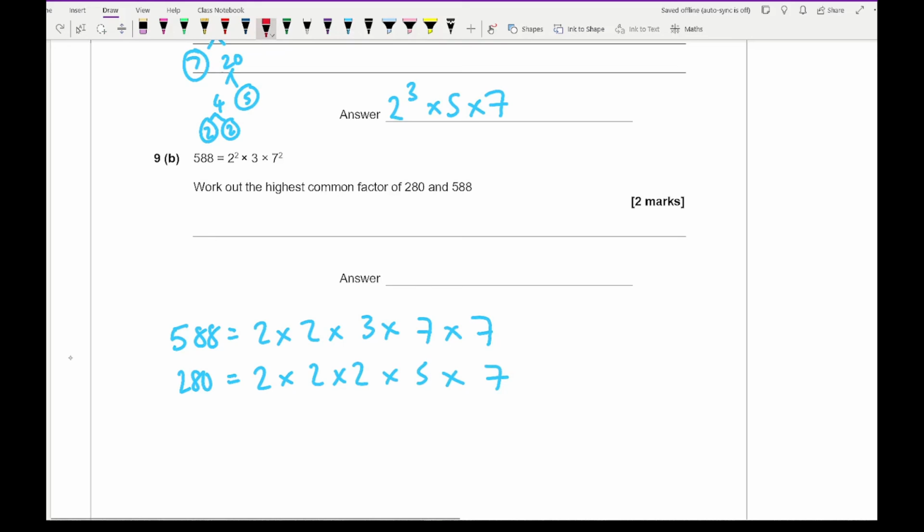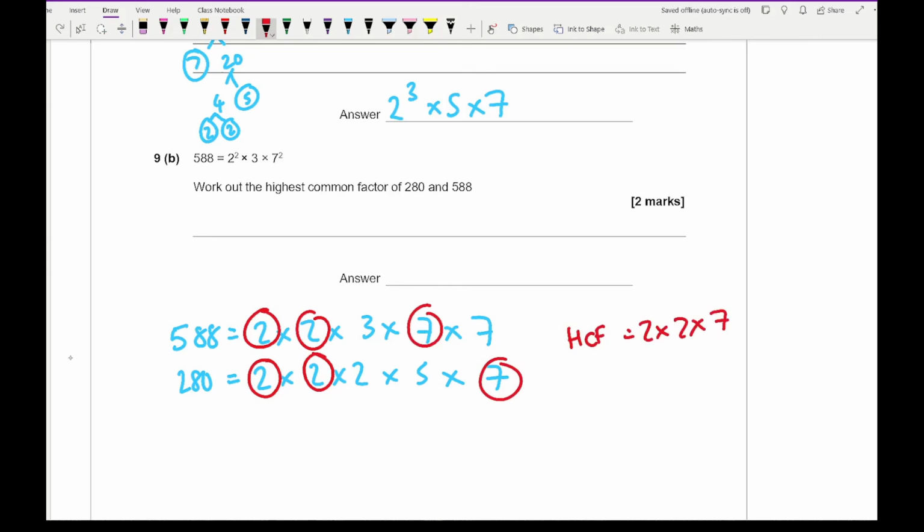Then all I need to do is circle the ones that appear in both lists. So the HCF is going to be 2 times 2 times 7, which gives me an answer of 28.